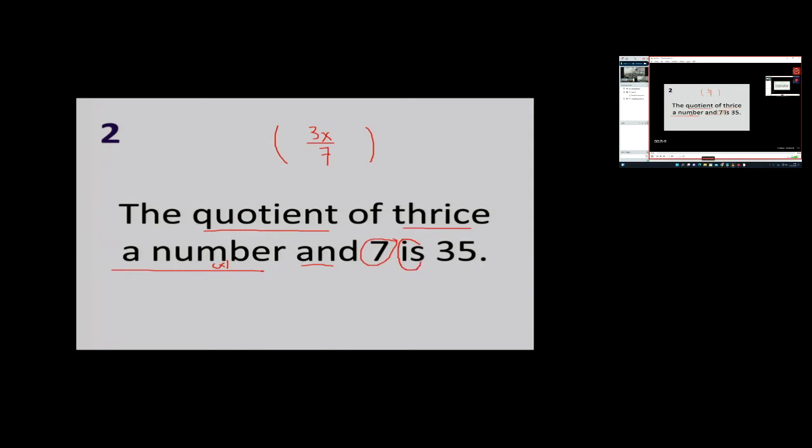Is 35. So you can actually write the quotient of 3x and 7, thrice a number and 7 is 35. These two are the same.